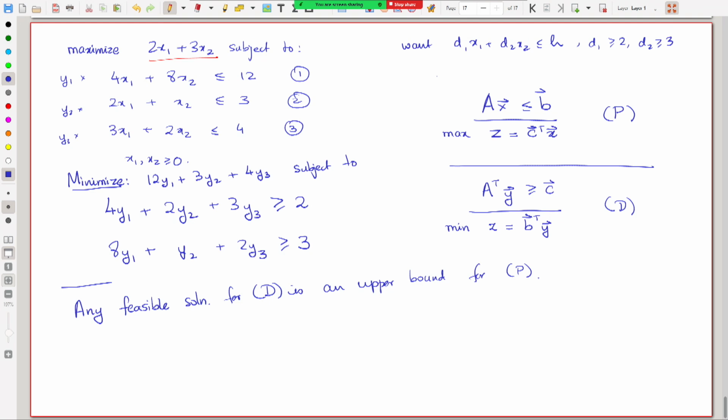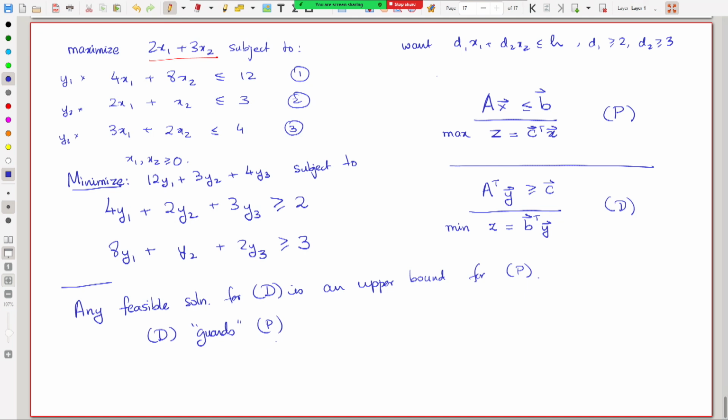So, this is the basic idea behind duality. Sometimes this is said as D guards P.